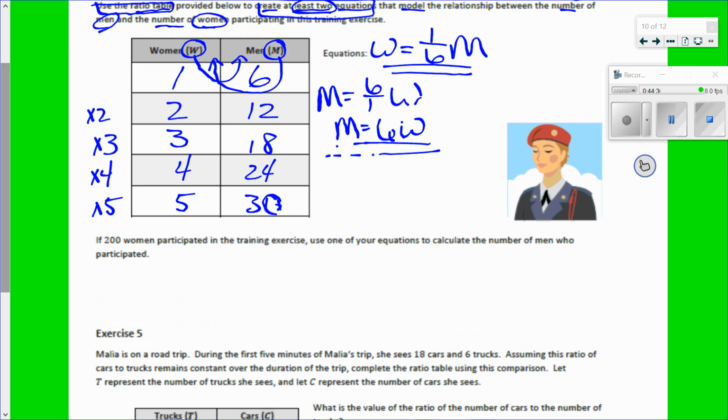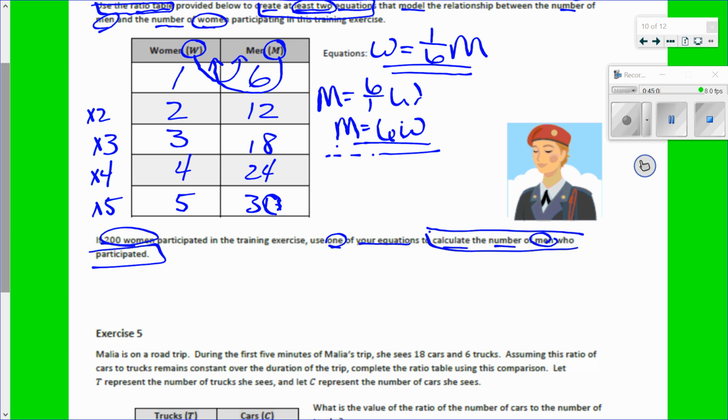Okay, good. Now, if 200 women participated in the training exercise, use one of your equations to calculate the number of men who participated. Anytime I'm using an equation, guys, I want to use an equation that gives me what I'm solving for. So if I want to solve for M, do I want the M equals or the W equals?